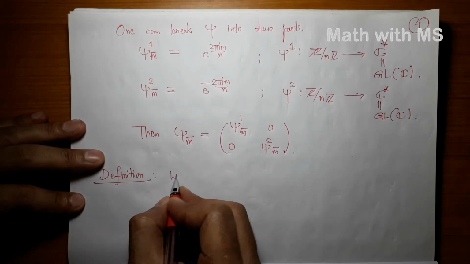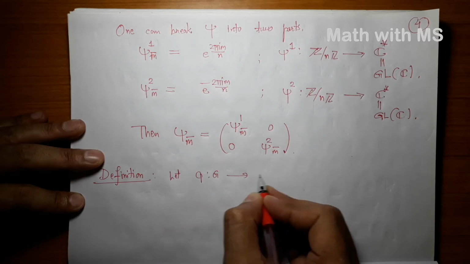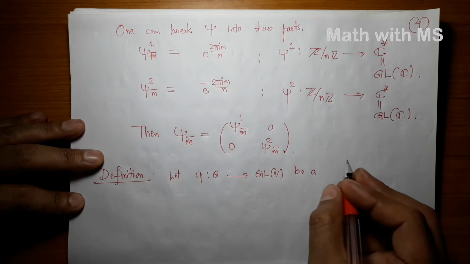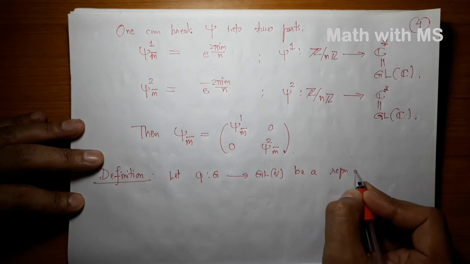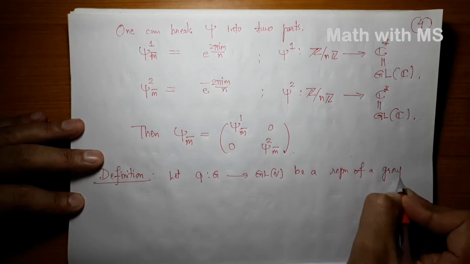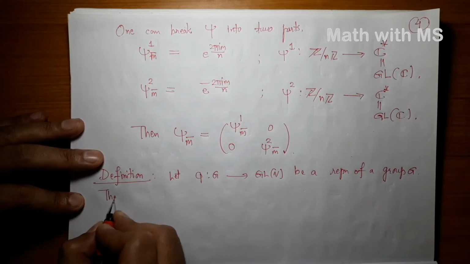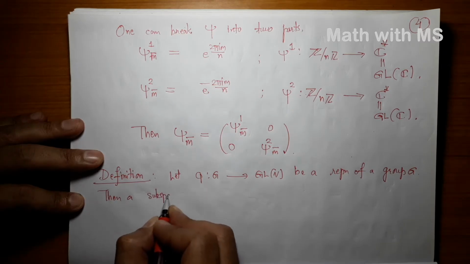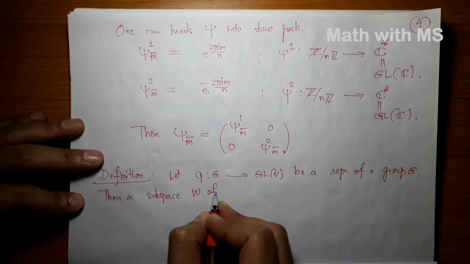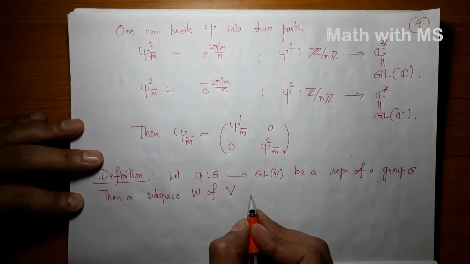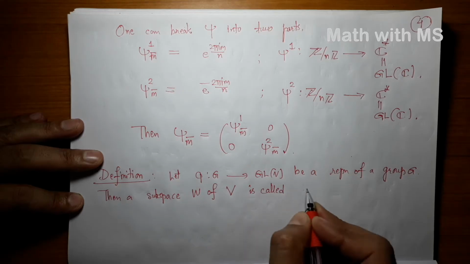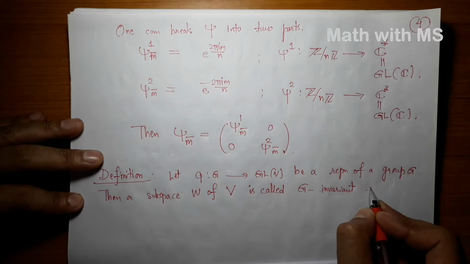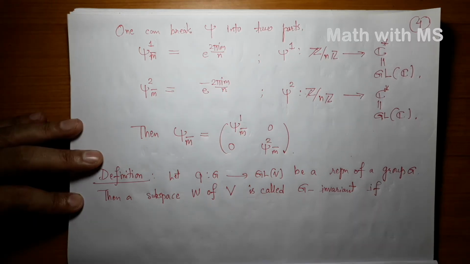Let phi from G to GL V be a representation of a group G. Then a subspace W of this vector space V is called G-invariant if it is invariant under the action of the group G.